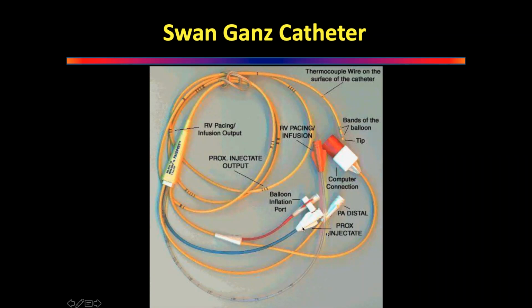You measure the change in the temperature, and then you use a certain formula to calculate cardiac output. I'll talk about it, don't worry. But just understand, this is proximal injection, this is distal.